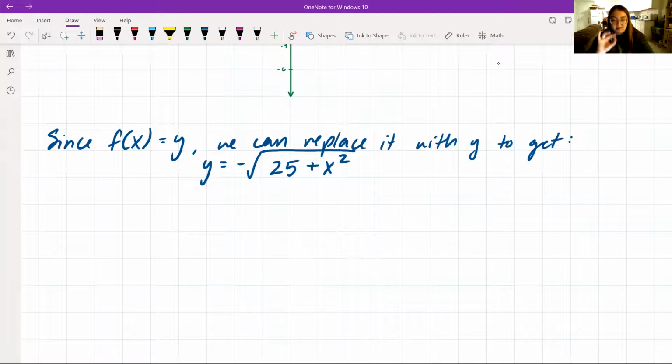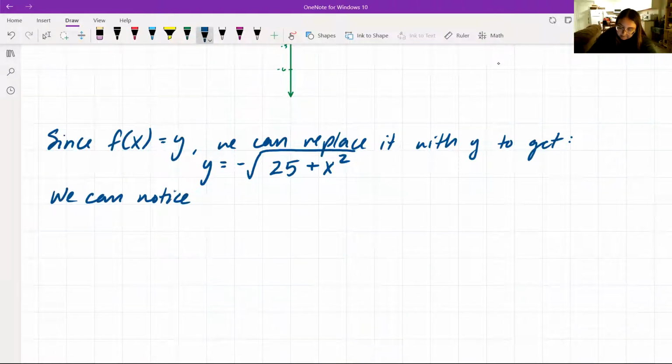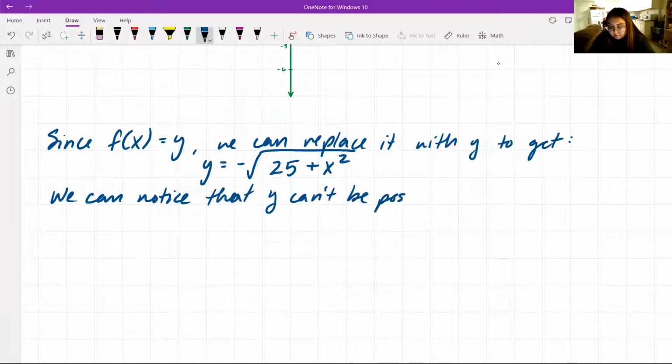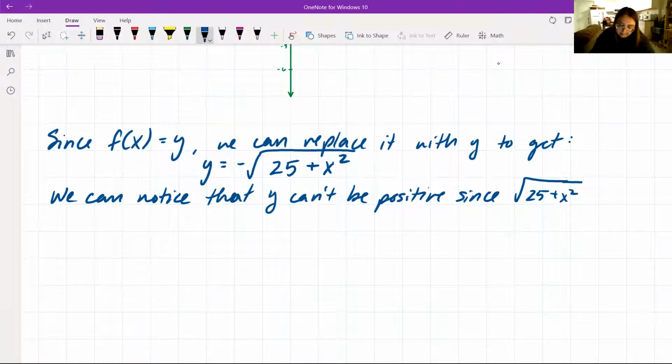The thing we want to notice about this problem is that y can't be positive, meaning it can't be greater than 0. We can notice that y can't be positive since the square root of 25 plus x squared will never be negative.